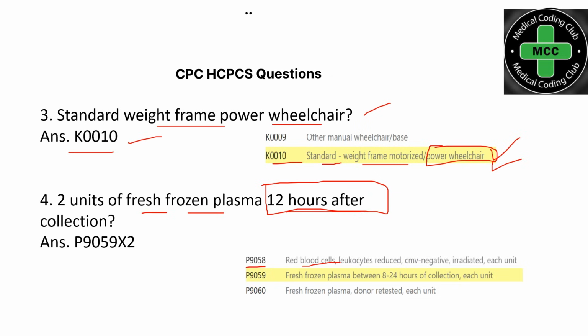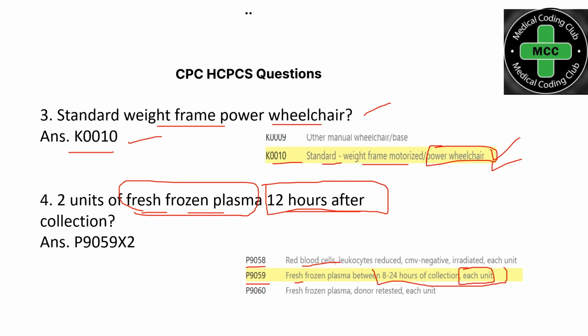P9058 is for red blood cells, P9059 is for fresh frozen plasma, 8 to 24 hours of collection, and you can see it is each unit. Based on the number of units, you have to give the units.